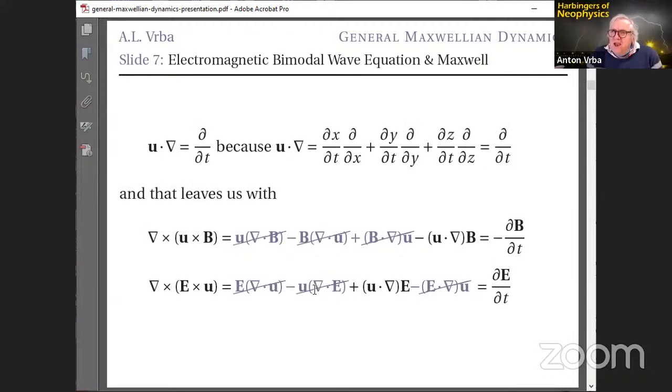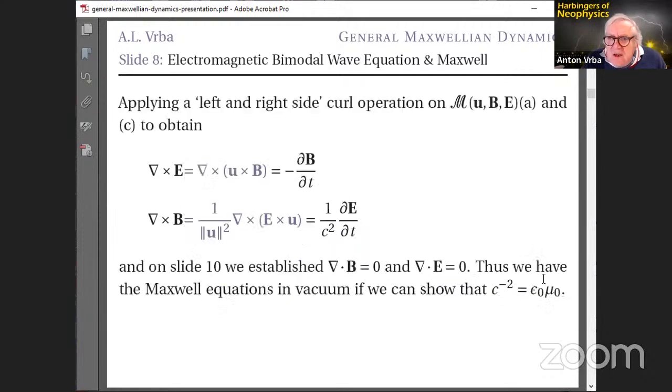It develops into a d/dt, because if we expand it, we get dx/dt times d/dx, dy/dt times d/dy, and we can see that the d/dx cancels out, so it just leaves us with a partial d/dt. Therefore, the curl of u cross b equals minus db/dt, and the curl of e cross u is the partial d over partial t.